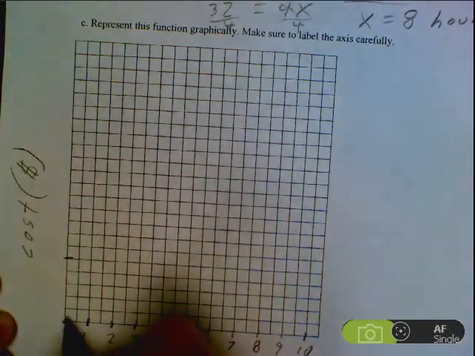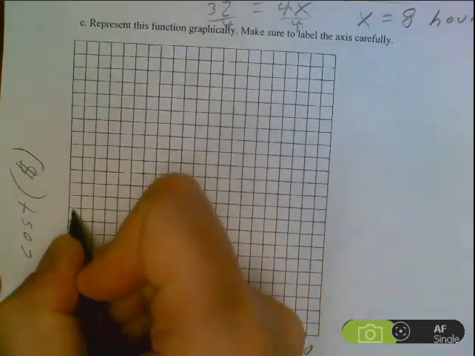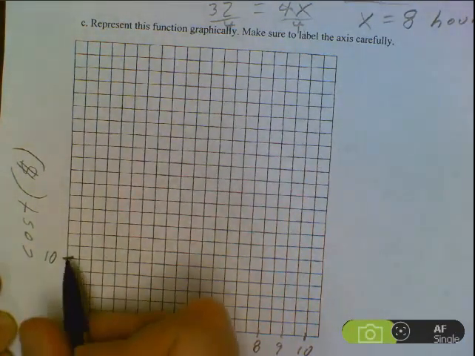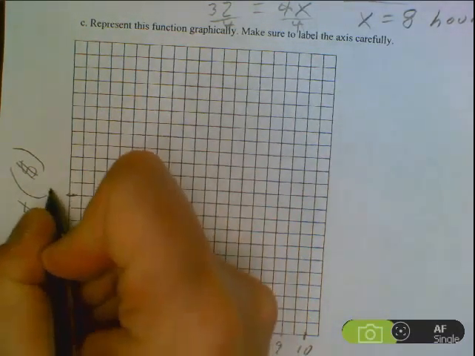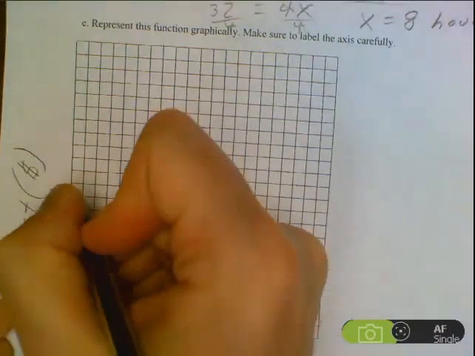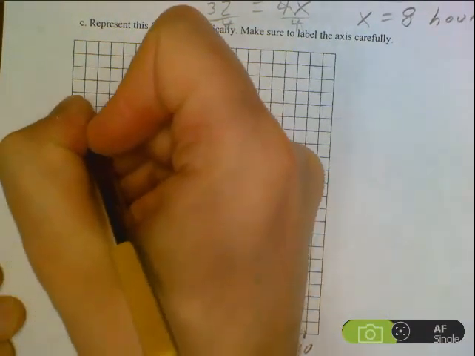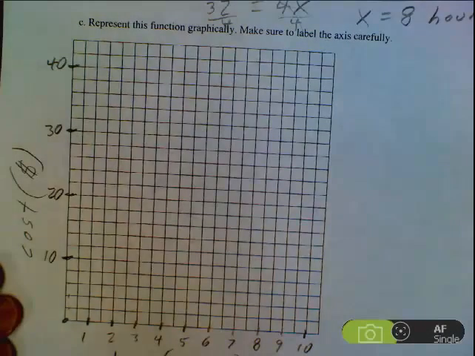Yeah, that'll be good enough. We'll go by 2, so 2, 4, 6, 8, 10, and then 10, 20, 30, 40, okay, something like that.